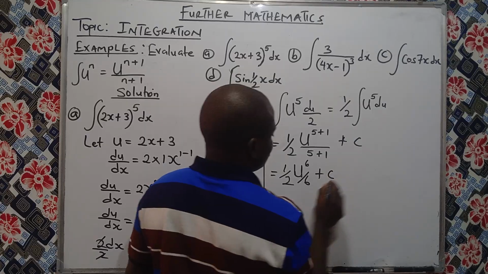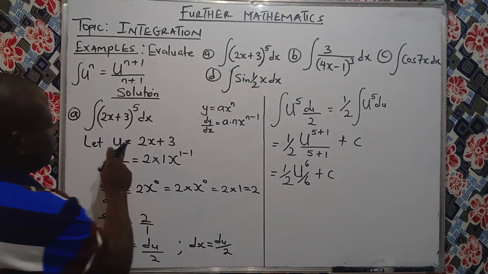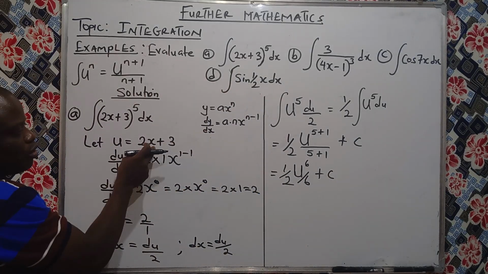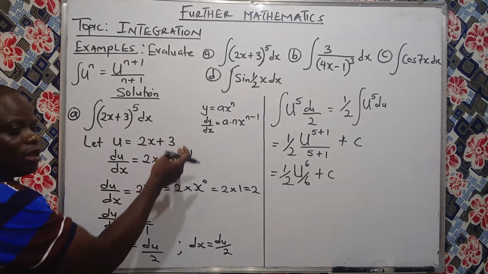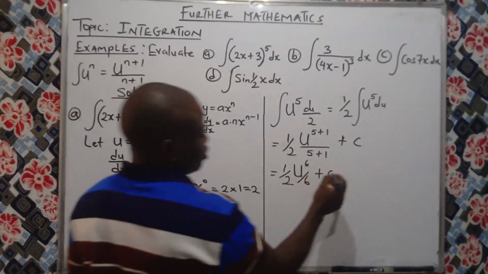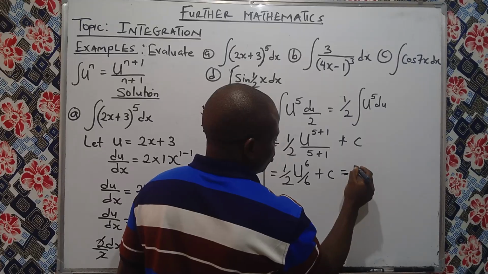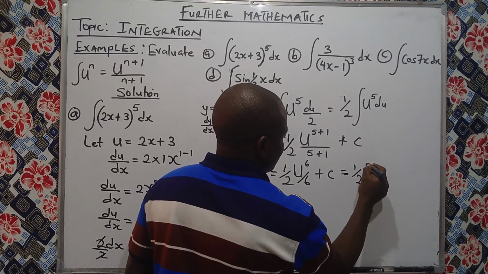Okay, + c. Replace your u back with the expression, because we only said let u equals this. It has to be in terms of x. Replace it back. Now it will be equals to half u. What's our u?